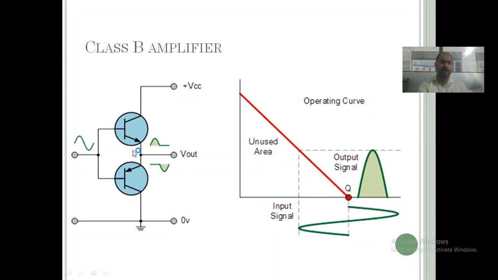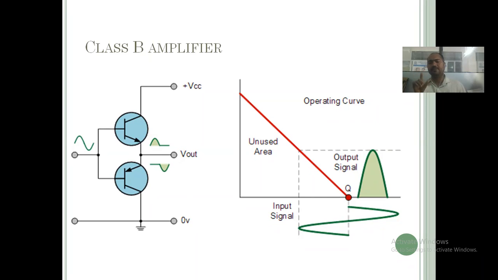We apply the input, positive and negative. Due to that, the first transistor gives the positive half cycle, so the positive output comes across the output. This happens theoretically, but a transistor has one property: it should not turn on below the cutoff voltage.